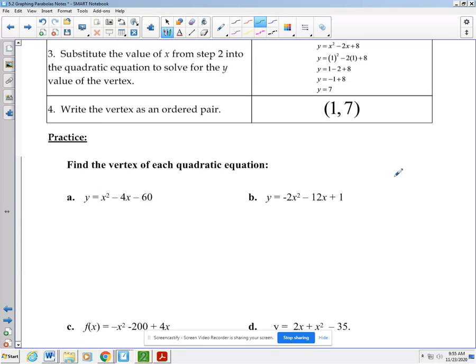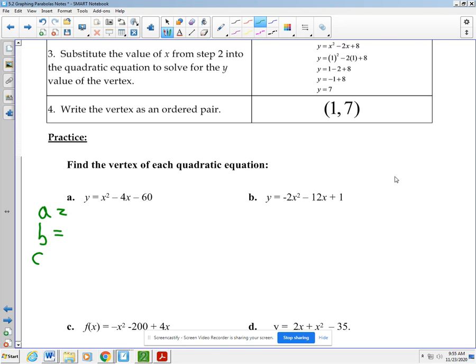So question A, find the vertex of each quadratic function. Okay, so before we use the formula, let's identify a, let's identify b, and let's identify c.